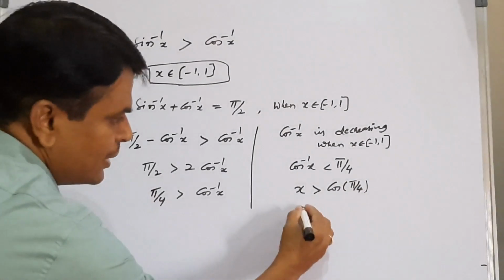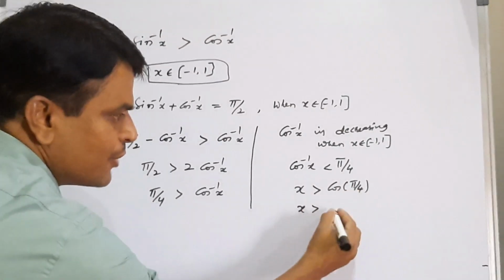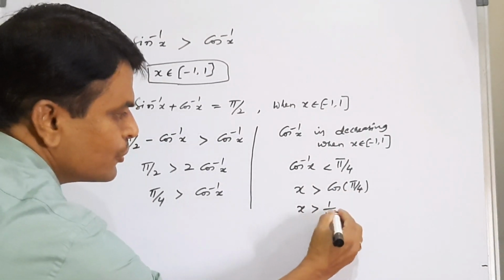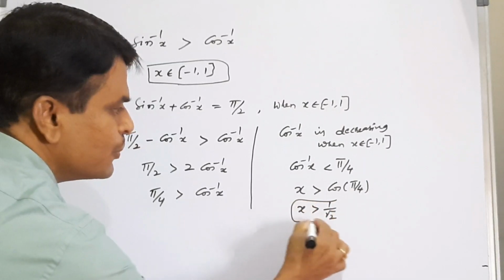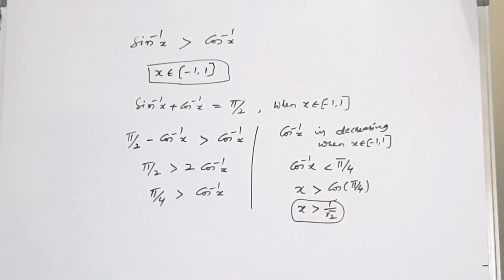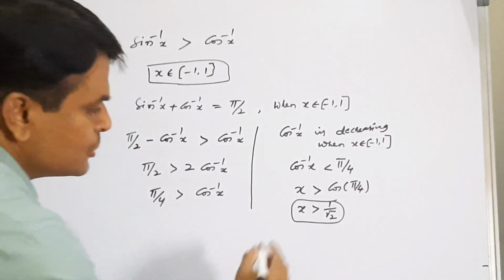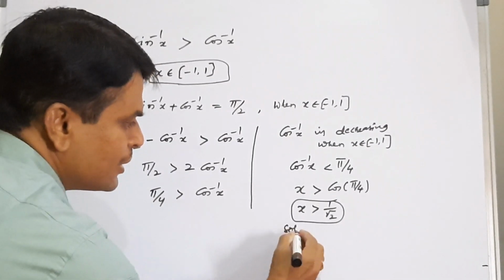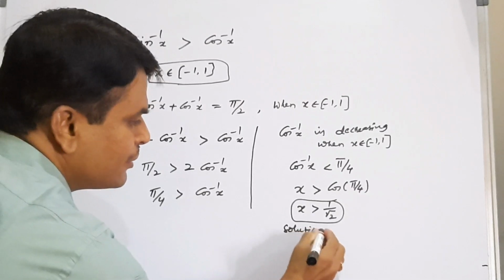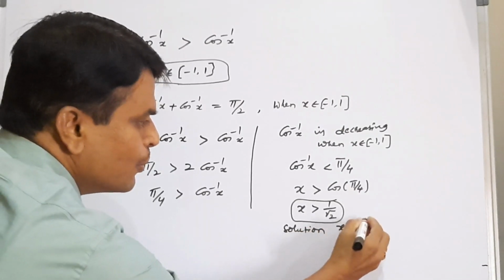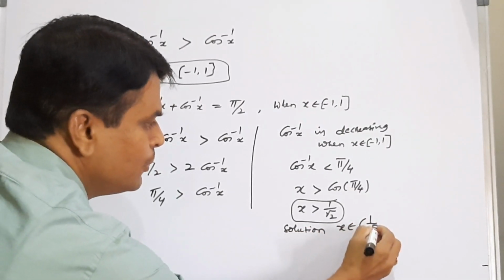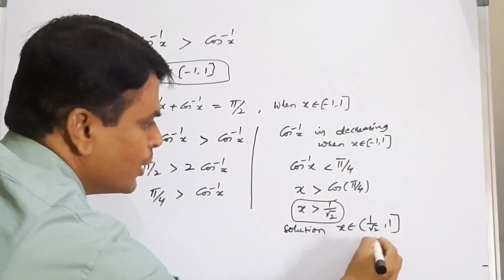So x is greater than cos pi by 4, whose value is also 1 by root 2. So that's why x is greater than 1 by root 2. Earlier case what we got, in this case also we are getting the same answer. So the solution is clearly x belongs to open 1 by root 2 to closed 1 only.